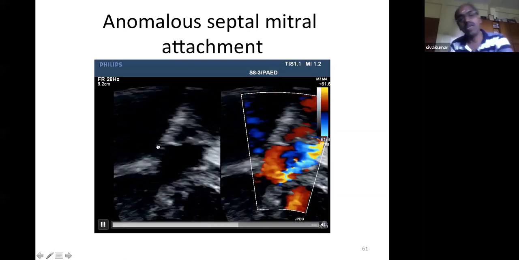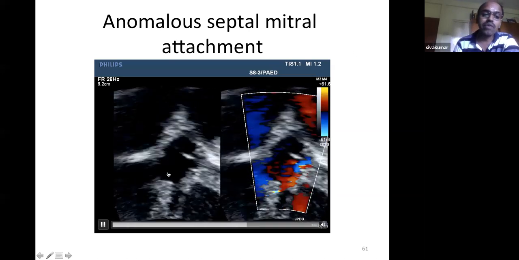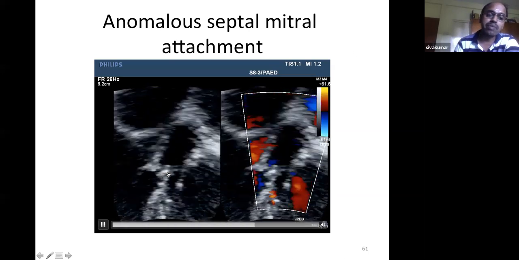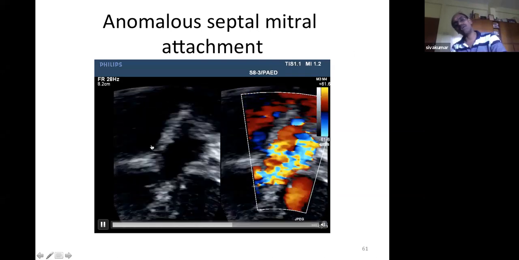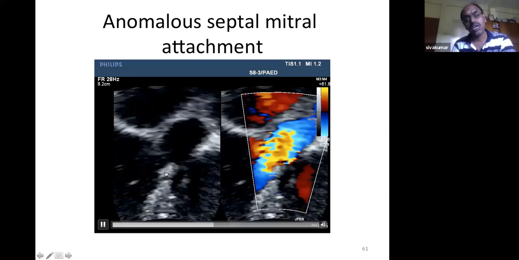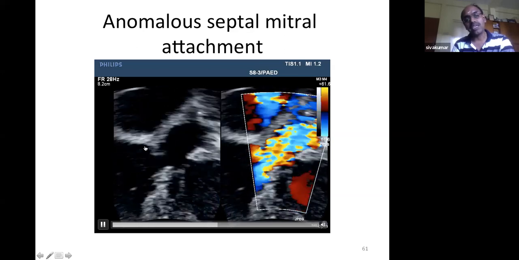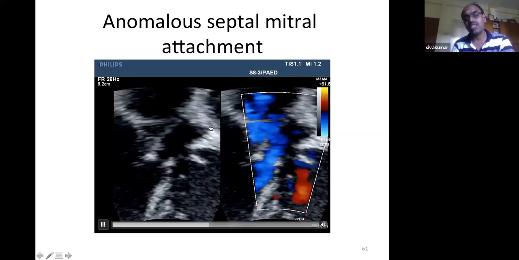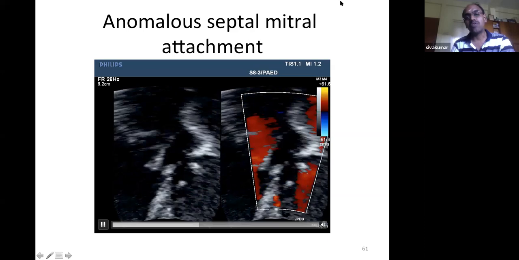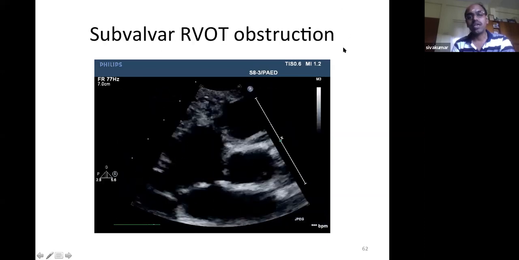We should remember the mitral valve is not supposed to have any attachment towards the interventricular septum at all. So this is an abnormal mitral valve attachment to the left ventricular outflow tract in the region of the interventricular septum, and this is causing this abnormal left ventricular outflow tract obstruction.